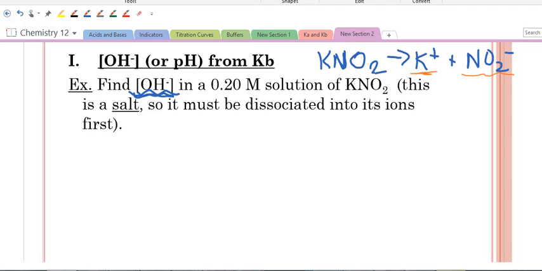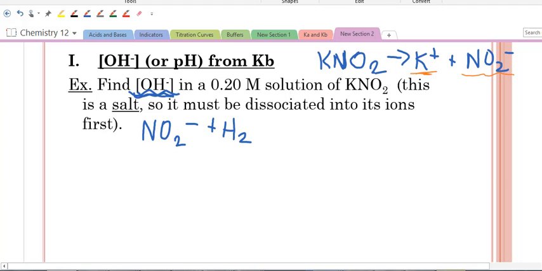So your reaction then will be the NO2 minus plus the water will react to give the HNO2 plus the OH minus.